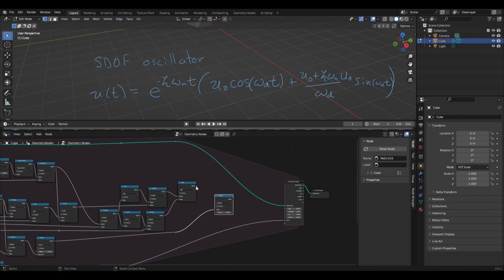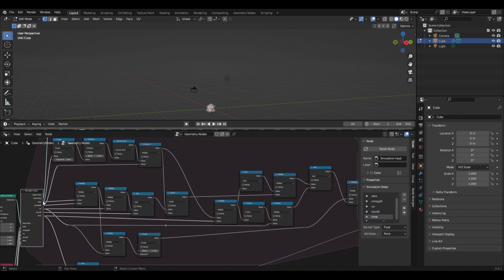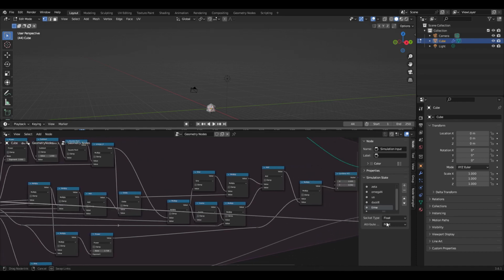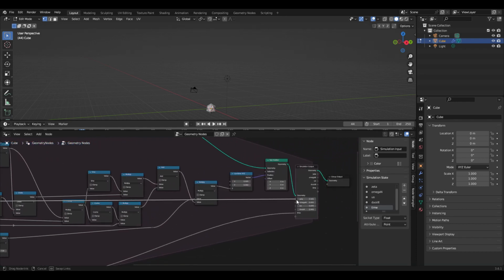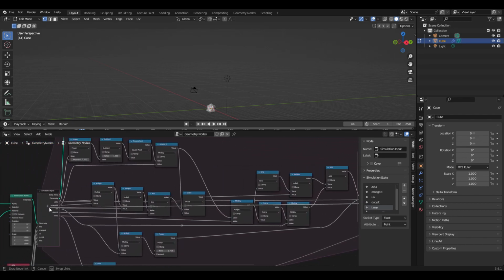And then once we have that calculated, we're going to feed that into the position of the geometry with a set position node. And let's see, why is this not working? Well, let's see what I'm going to do. I'm going to take that time and add my own value to it.